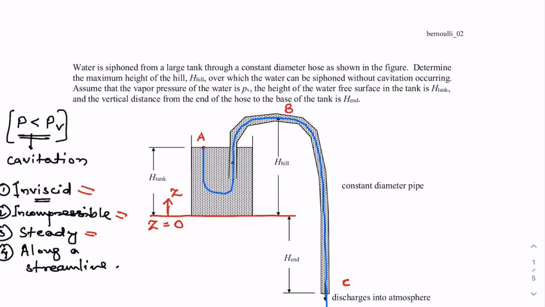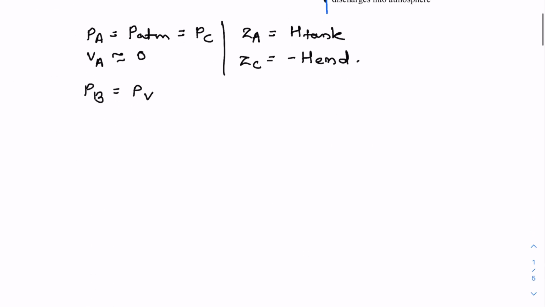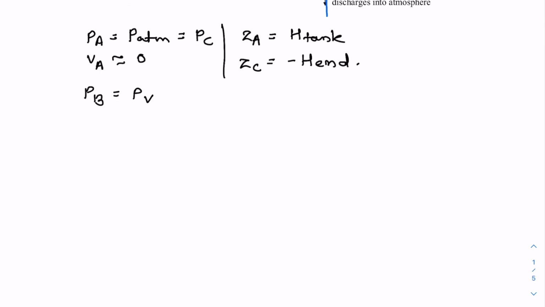So to find H hill, we will just assume that the pressure here is the vapor pressure, and velocity at B is equal to velocity at C. It is the velocity at which the water is flowing through the pipe. And finally, ZB is H hill.